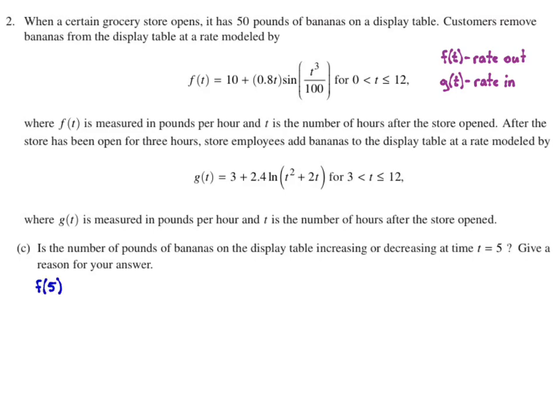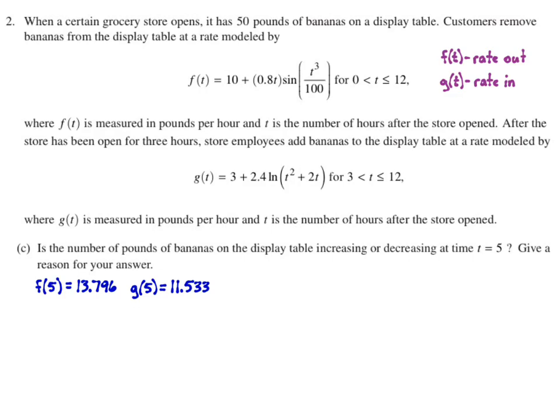So the first thing I'm going to do is figure out, well, we can do this one of 2 different ways. In this case, f of 5 represents the rate at which bananas are being removed when t equals 5. So I would just plug 5 into f, and we get 13.796. And then I'll plug 5 into g, and we would get 11.533.